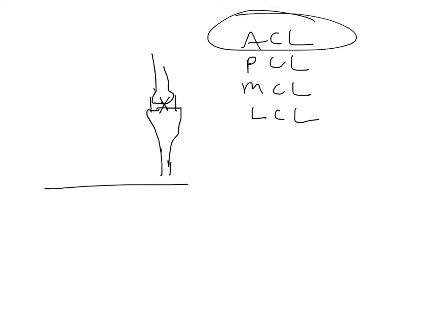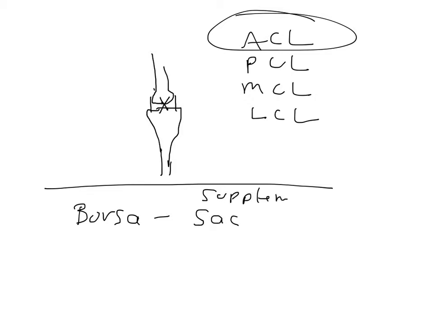The other thing from this chapter you should remember is what a bursa is. Recall a bursa as a supplementary sac of synovial fluid, which acts to reduce friction at some of the more complex joints.